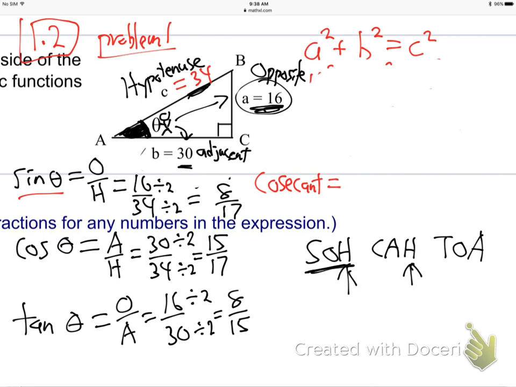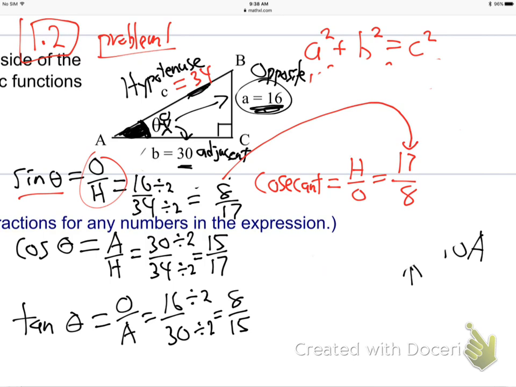So it's hypotenuse over opposite. It's just the upside down of that one. So it's just going to be 17. I'm just going to take this answer and flip it upside down. 17/8. It's the reciprocal, the upside down of sine. It's called cosecant.